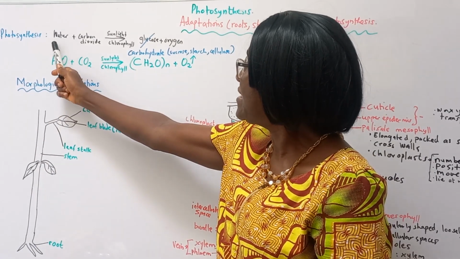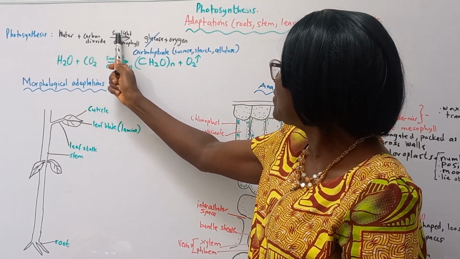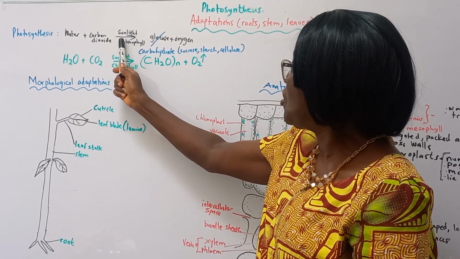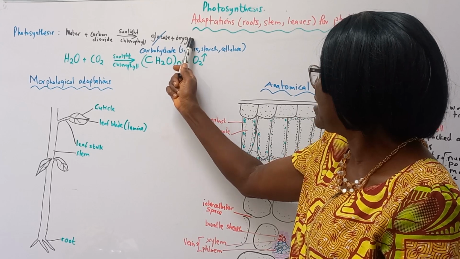Photosynthesis is a process where water and carbon dioxide, in the presence of sunlight and chlorophyll, the green pigment, produce glucose, with oxygen given off.